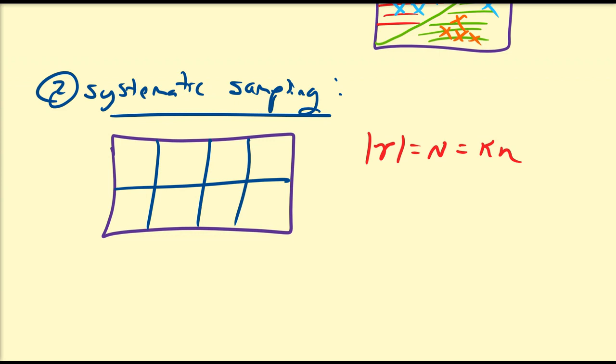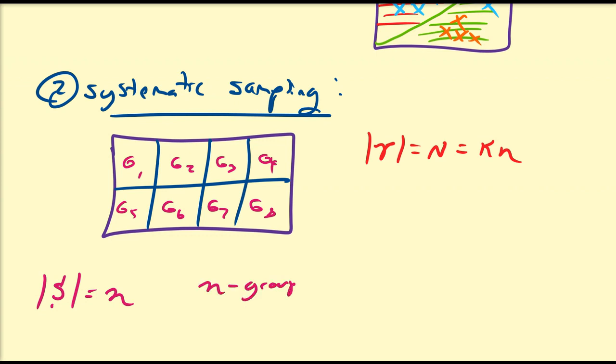And then what am I going to do? The size of each of my samples is going to be of size m. So this is going to be group 1, group 2, group 3, group 4, group 5, group 6, group 7, group 8. So there are going to be n groups, each with k items in them.